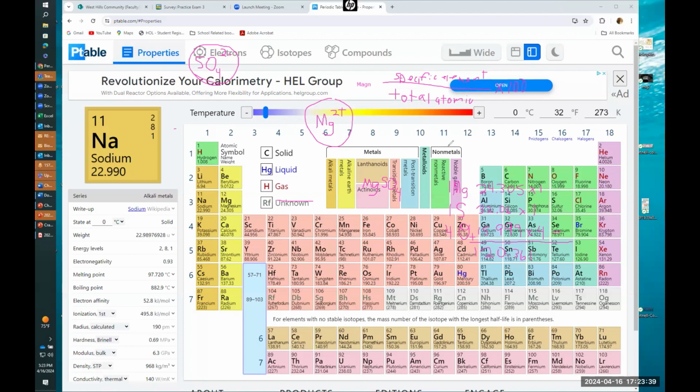So for magnesium, we're going to have 24.305, and then we divide that by 120.361 times 100.